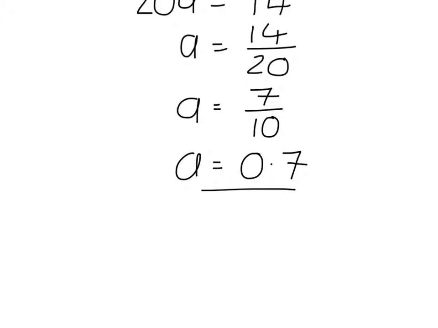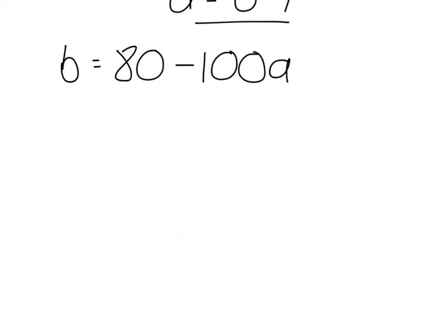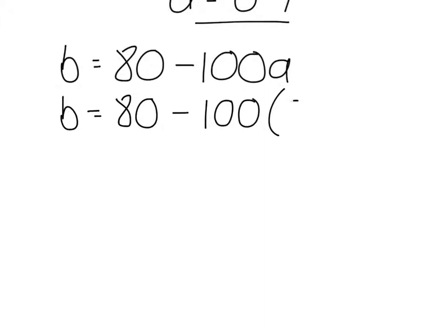What we need to do now is find b. So we can take 0.7 and substitute it into one of the equations that we had earlier. So we use the one, b equals 80 minus 100a. Doesn't matter which one you choose. So that means b equals 80, take away 100 times a, which we now know is 0.7.